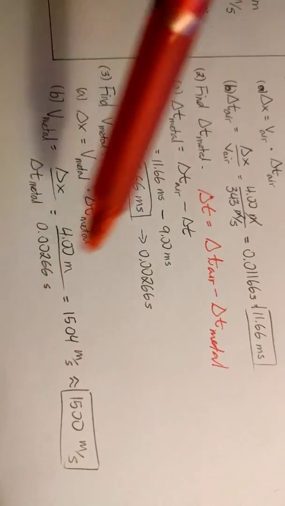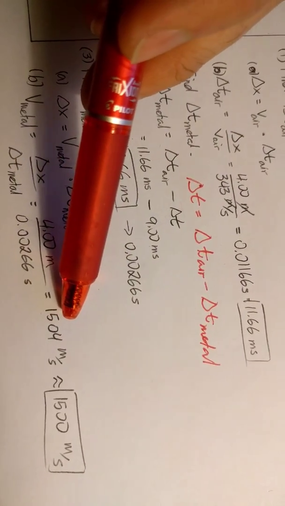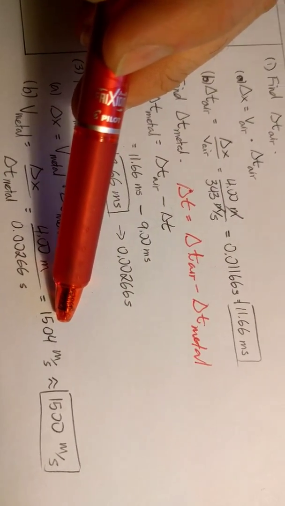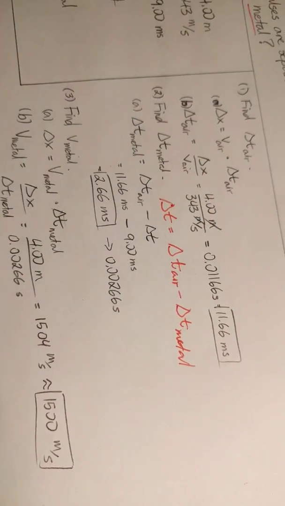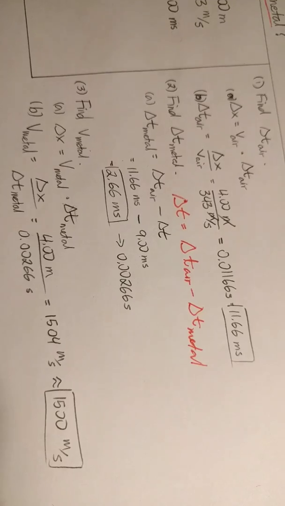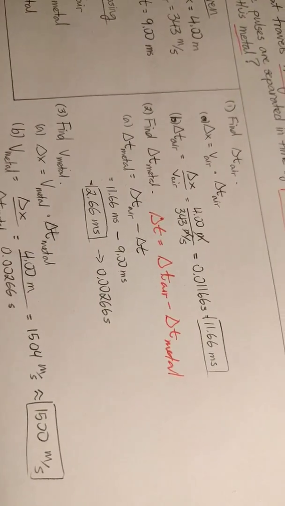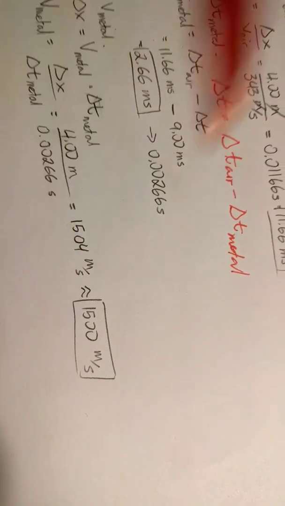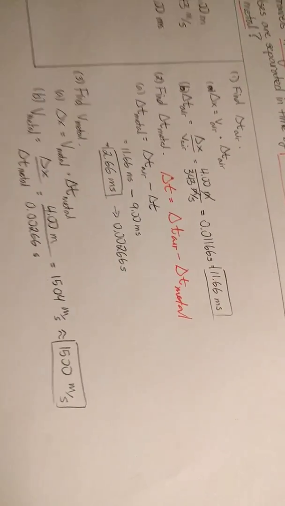And with doing all the math, we are given 1,504 meters per second. And to make it easier for people to understand it, we'll just round it down to 1,500 meters per second. And I believe that is it.